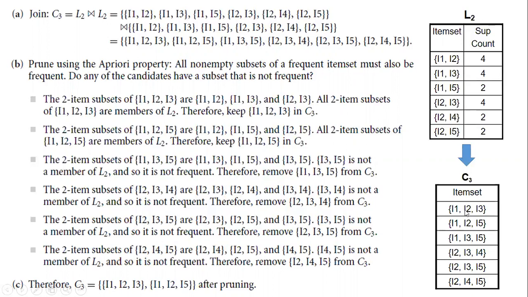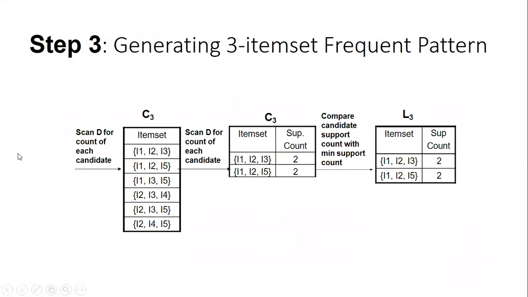Now we have to make sure we apply the a priori principle, that means checking whether all the three item sets are frequent or not. So here we take the second operation, that is prune using the a priori principle. In this example, we have 6 candidates, but I have selected only 2.